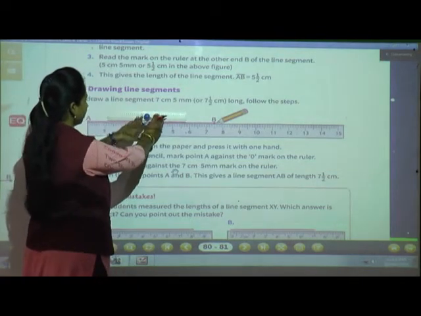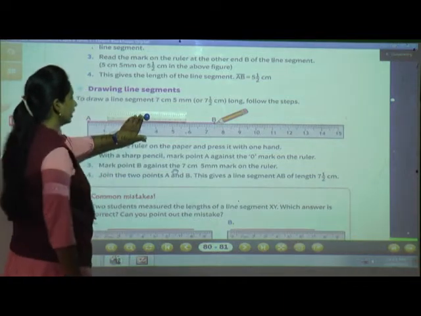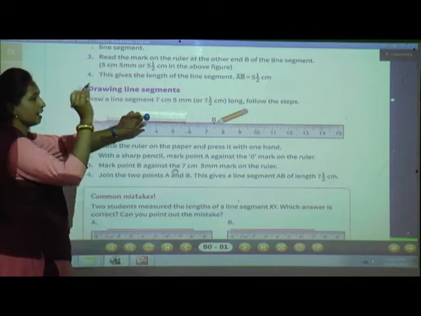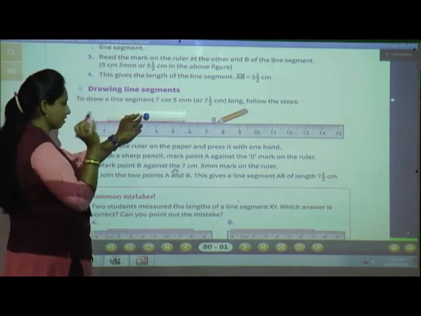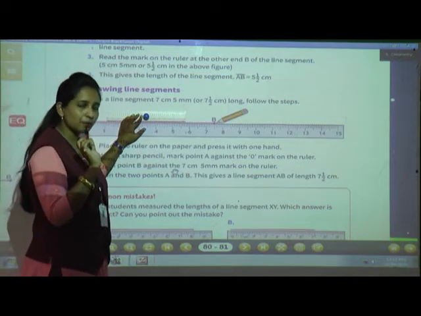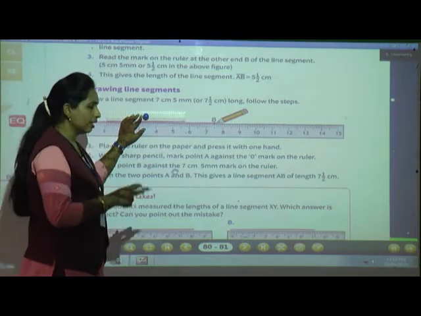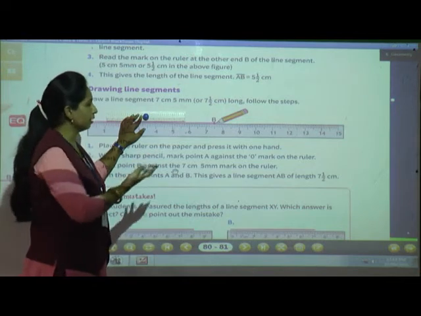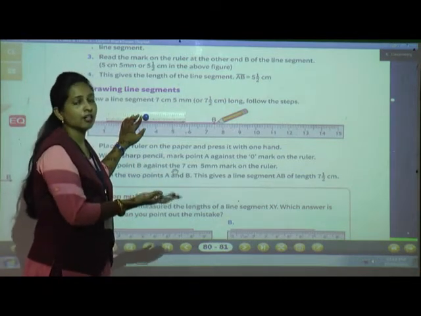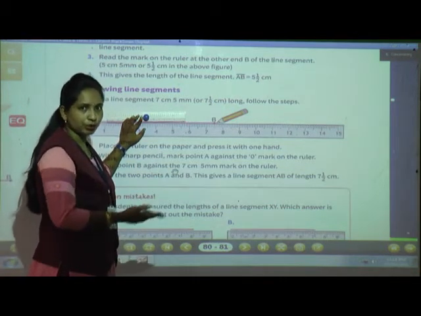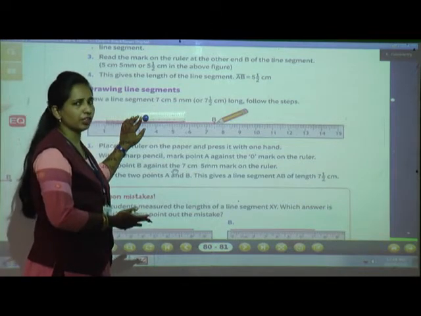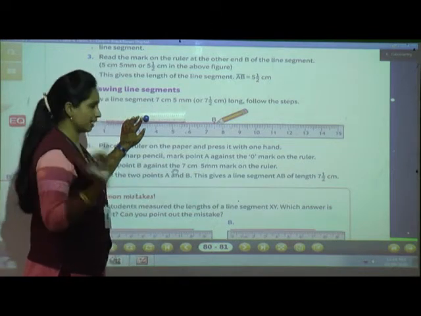You take one pencil in the other hand. Though you are writing with pen in 4th standard, in maths, whatever you do, like line segment, line, measurements, circles, you have to draw with pencil only.